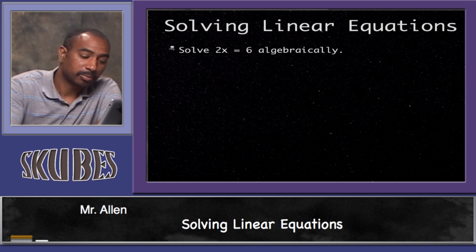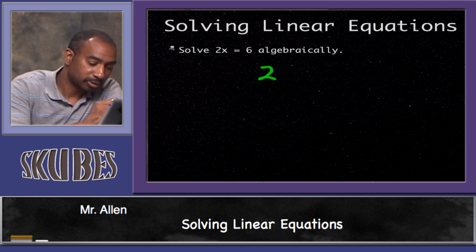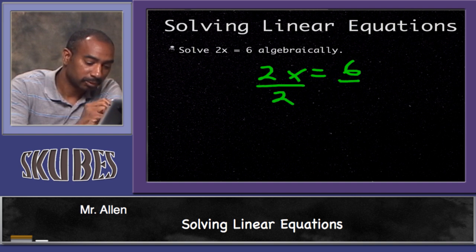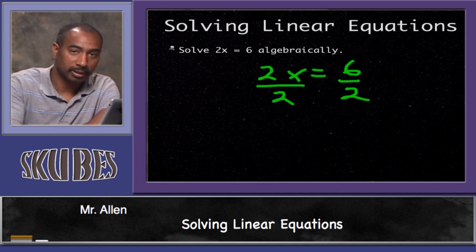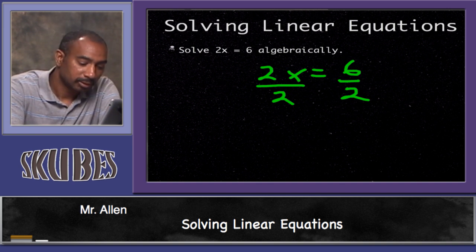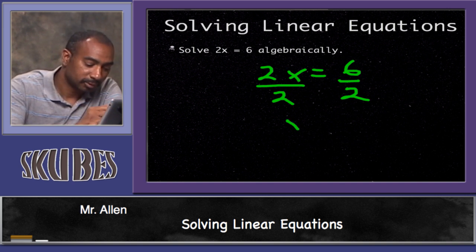So if you're asked to do this algebraically, you'll say 2x equals 6, and you would divide both sides by 2, or you group those 6 into 2's. So x equals 3.